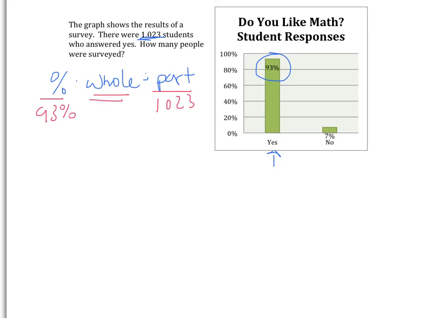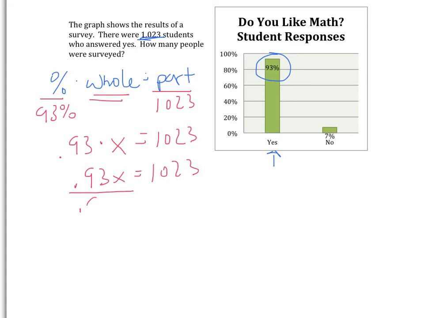So 93% of what is 1,023? So I'm going to change my percent to a decimal, so 0.93 times the whole, I'm going to just make x the whole, is equal to 1,023. So 0.93x is equal to 1,023.